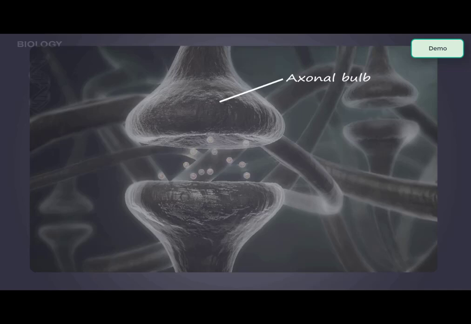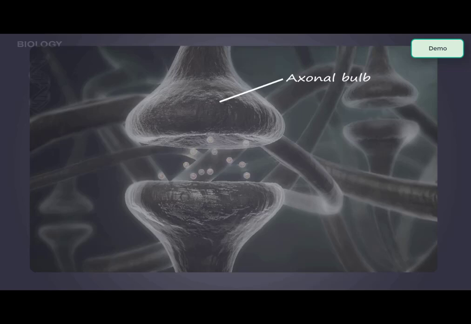Now, the terminal endings of the axon will not have the myelin sheath, and they will be protruding out like bulbs, swollen structures that you can see here, and that is called the synaptic knob.